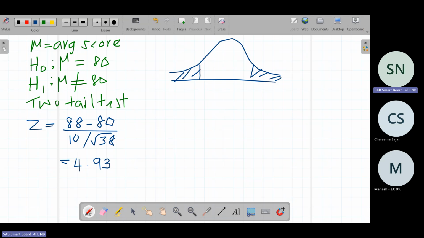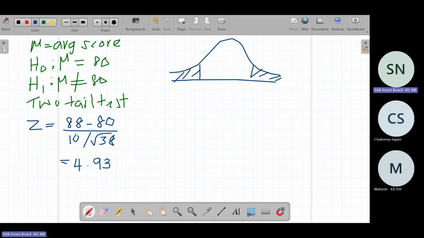Then here you need to mention which side is the rejection region. This is a two-tail test. Why? It's not equal to 80. It may be greater than or less than, so we need to look at the less than side and the greater than side. Understood?